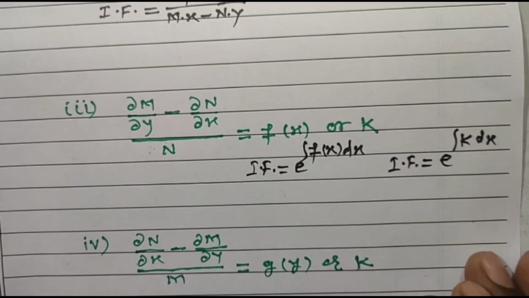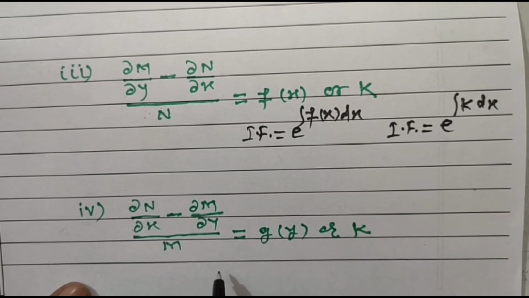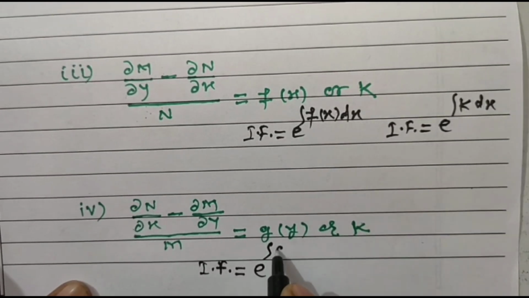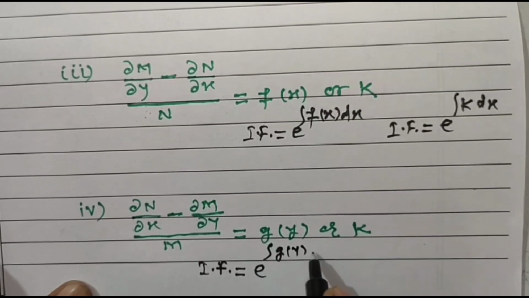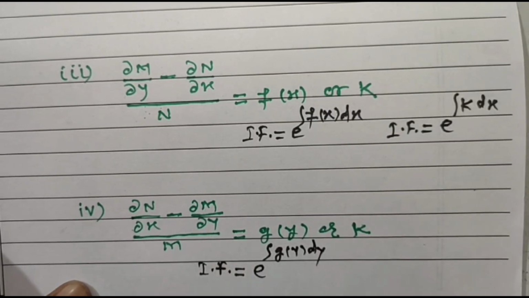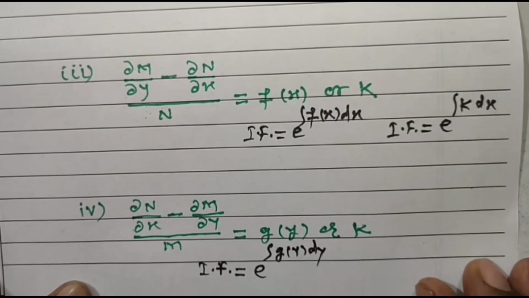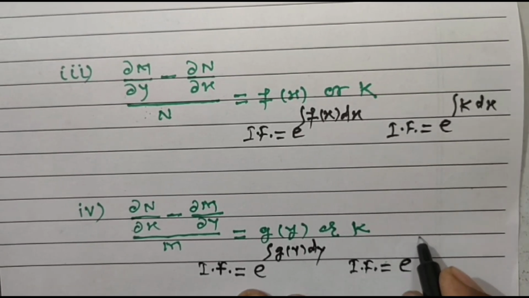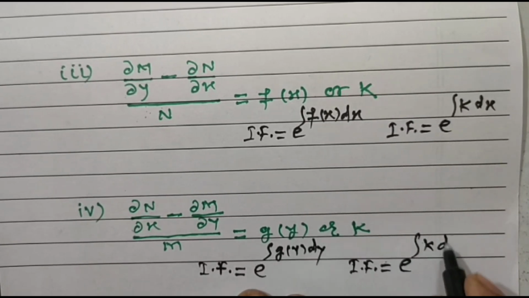Then the integrating factor is given by i f is equal to e to the power integral of g of y dy. Okay, and if suppose the value of this ratio is a constant function k, then its integrating factor is given by i f is equal to e to the power integral of k dy.